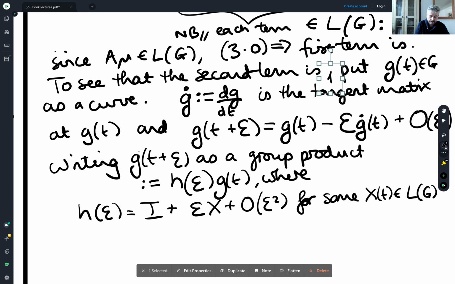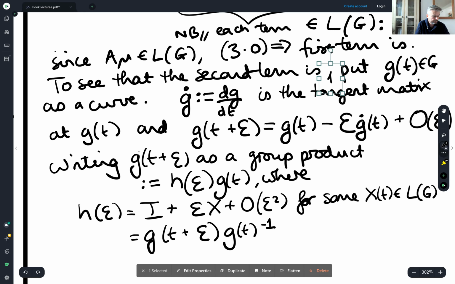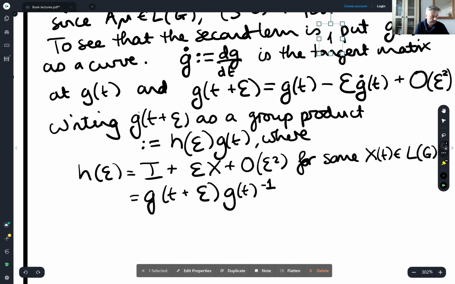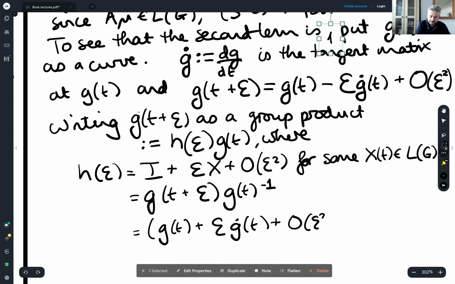Okay, so this is equal to g of t plus epsilon times g of t to the minus 1, which is equal to g of t plus epsilon g dot of t plus order epsilon squared, times g of t to the minus 1.